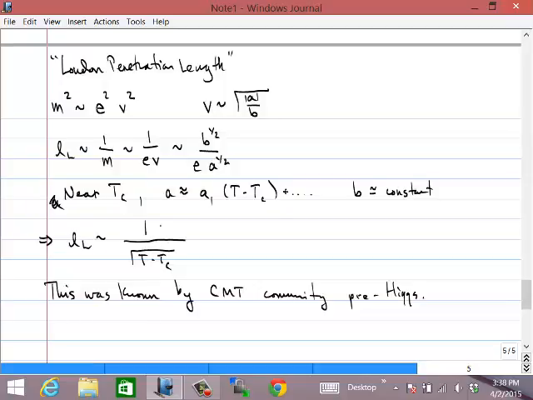And that was the Higgs, the spontaneous breaking of a non-abelian symmetry. But as far as the spontaneous breaking of an abelian symmetry, of a U(1) gauge symmetry, in electromagnetism, this was known in the condensed matter world before it was known in the particle theory world.